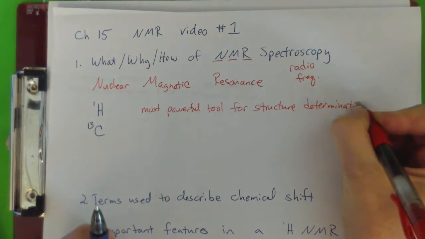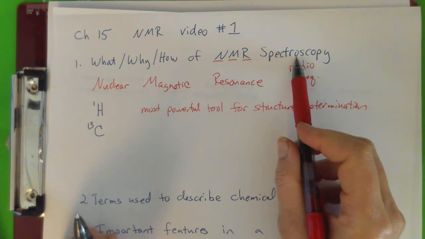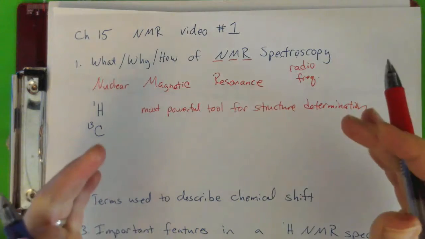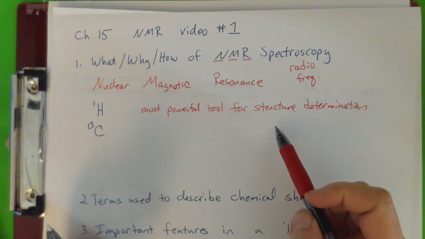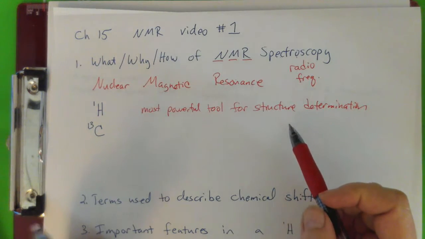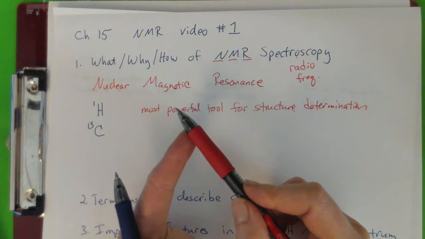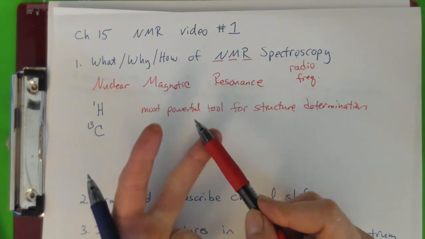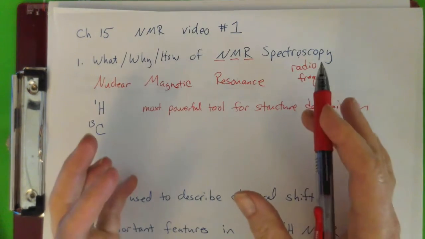Now, you're already familiar maybe with some other types of spectroscopies that are useful for helping us along the path to determining the structure of a compound. You've learned about mass spectrometry, which you can use to figure out the molecular size and formula of the compound. And then you've talked about infrared spectrometry, which is really useful for identifying functional groups.